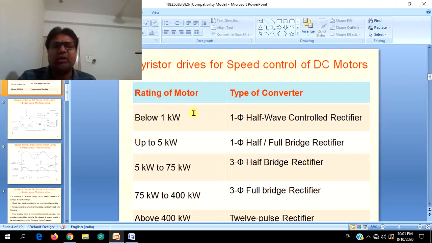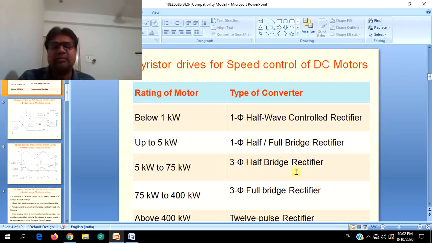For smaller ratings up to 5 kilowatt, we can use single phase half wave controlled or half bridge rectifiers or full bridge rectifiers with full wave rectification, and above that it will be better to use 3-phase rectifiers.